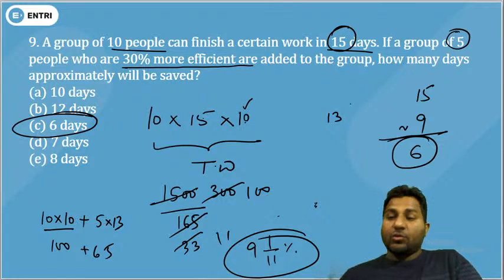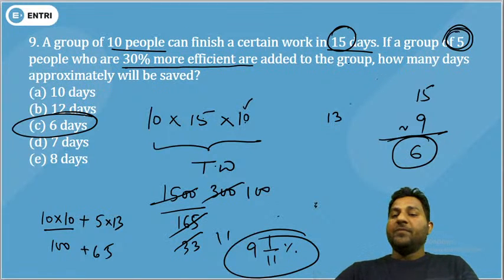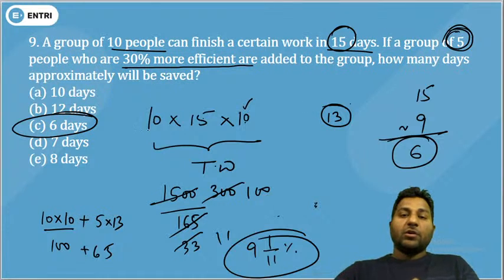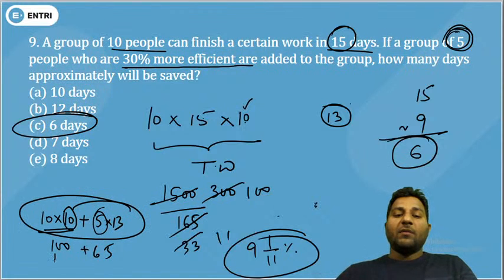Yes, two groups, but the second group has only five people, and these 5 people have the efficiency of 13. So for 5 people you will multiply with 13 efficiency, and for the starting 10 people it will have only 10 efficiency. That means the total 15 people will have a combined 165 efficiency.